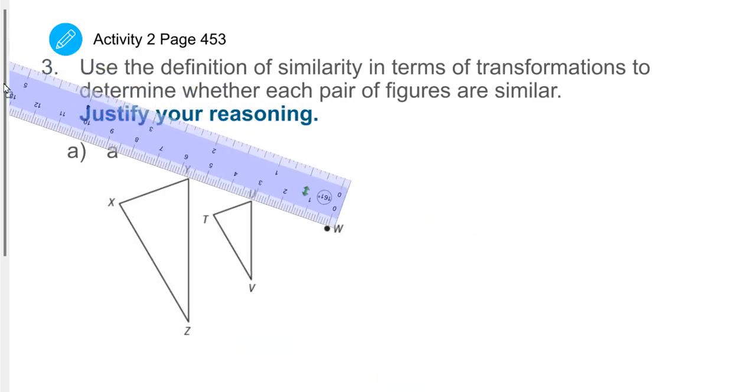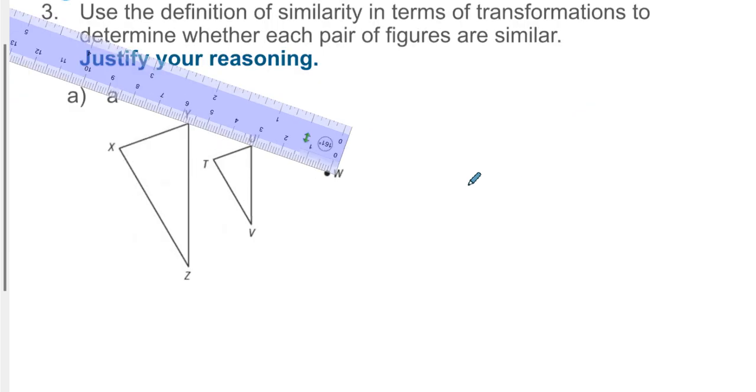So I'm going to measure the distance of W to U, and then from W to Y. So the distance of WU is going to be 3.1. And then W to Y is 5.6.